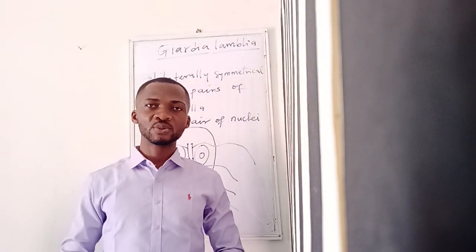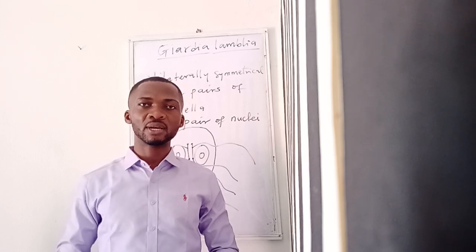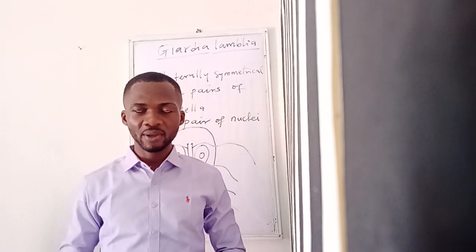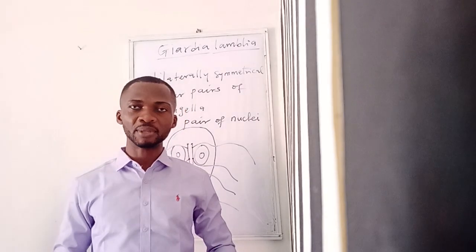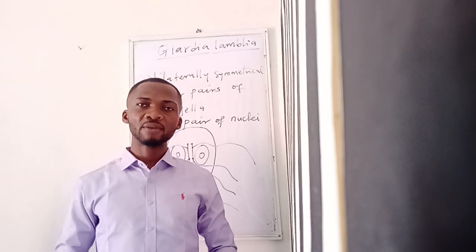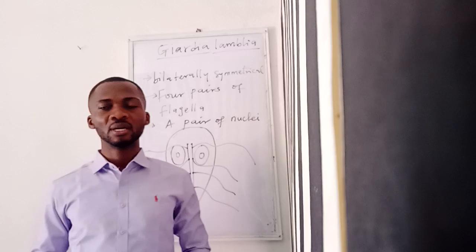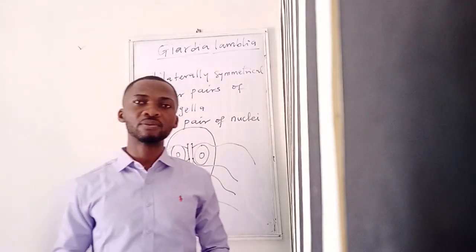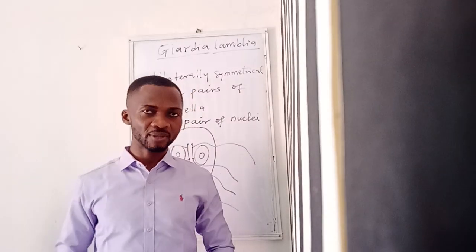In today's class, we are going to be talking about a protozoa parasite that is called Giardia lamblia. I've talked about protozoa, and I think we have studied and uploaded the content for all the protozoa parasites.